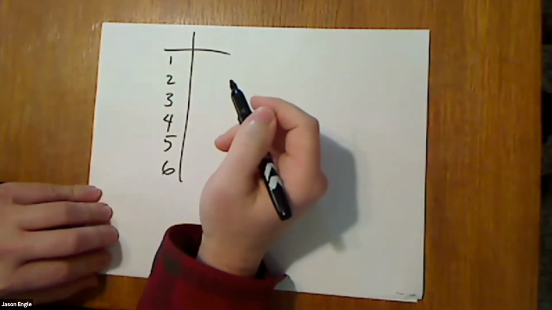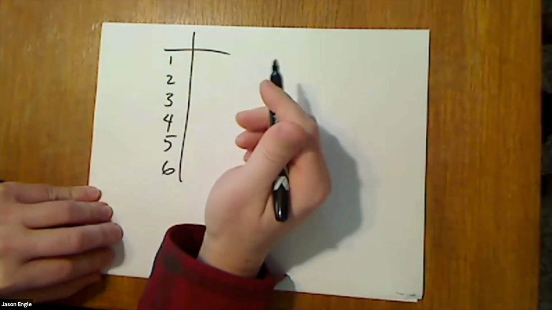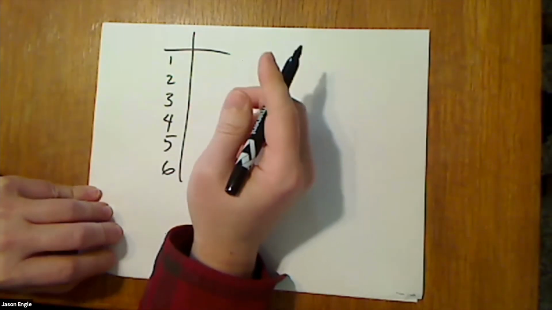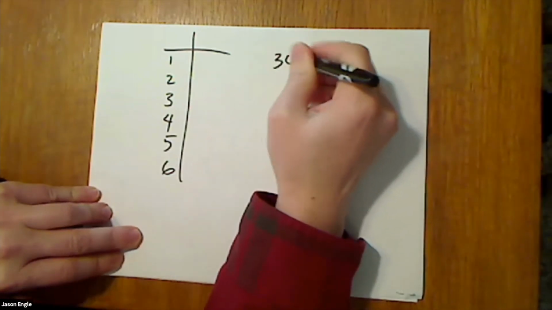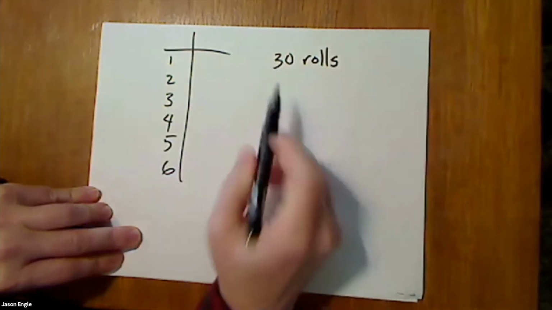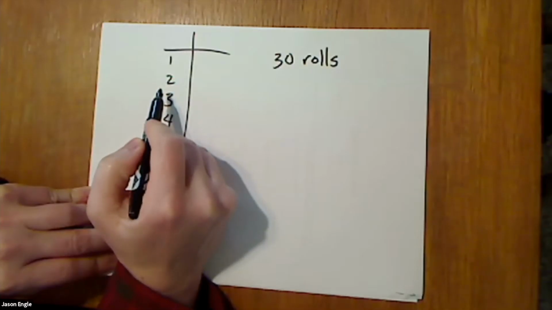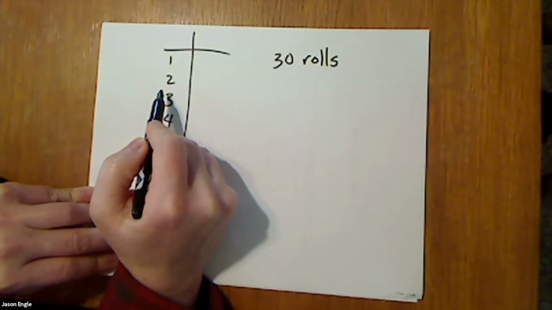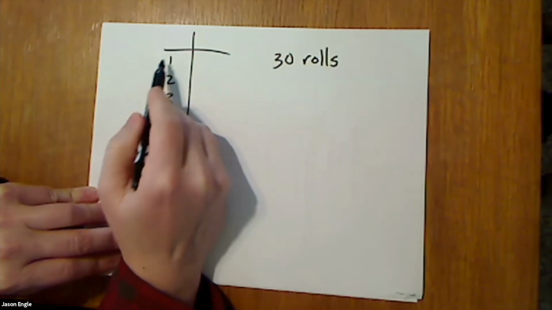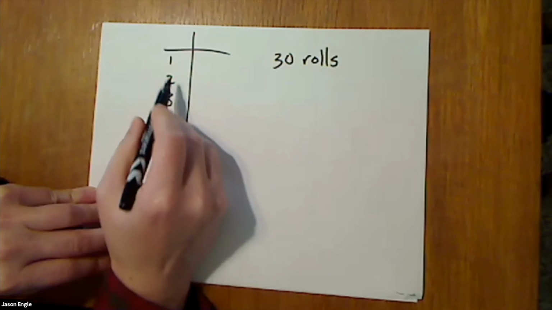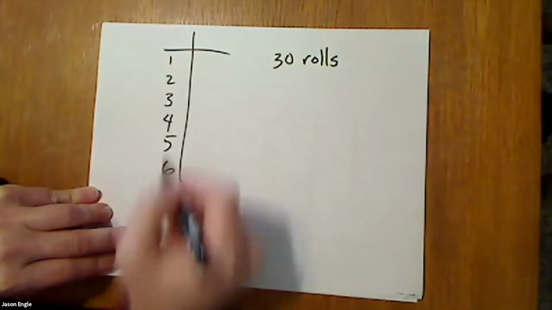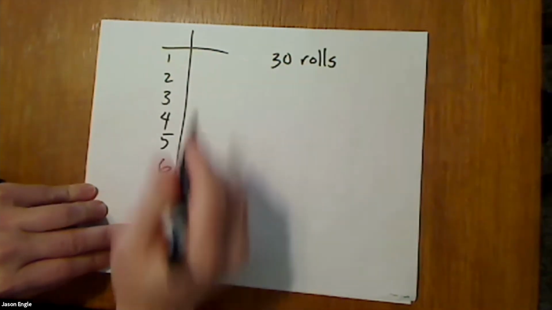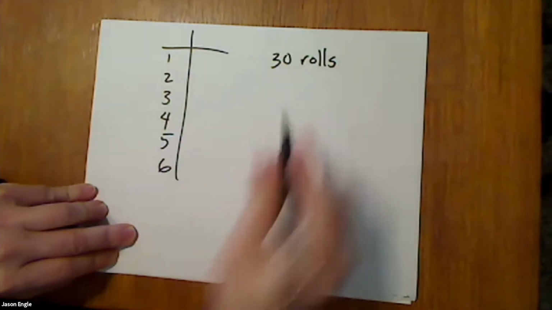It wouldn't surprise me if it wasn't exactly what I predict, but I can come up with a pretty good guess. With 30 rolls, I would expect the same number of ones as twos. Chances are it won't be exactly the same, but I would expect it to be pretty close. I would expect the same number of threes as well. I would expect each of these 6 numbers to come up about the same number of times because there's an equal chance of each of those numbers coming up.